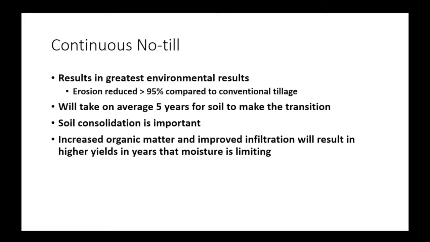That consolidation, or that 5-year period, is important for us to benefit from the no-till condition. Increasing organic matter will improve infiltration, and that's the theory we have in saying that no-till is a good system. But if we have producers that are not able to manage for a no-till system, that may not be the right fit for that operation.